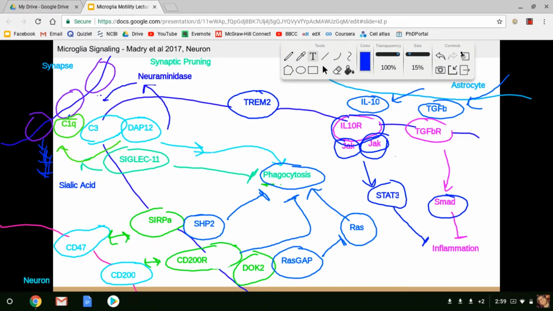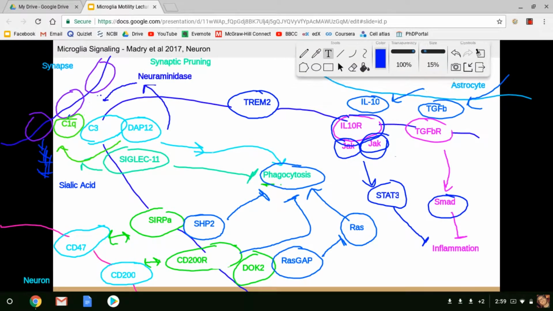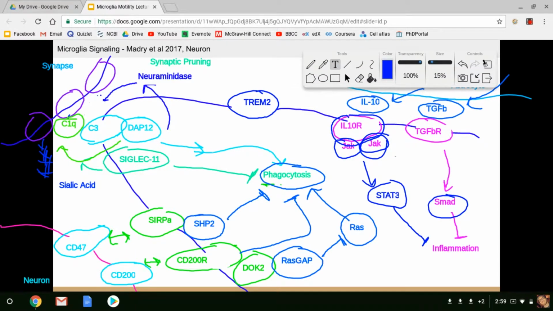They are not able to search and find phagocytic substrate. And so TREM is a receptor that binds to an unknown eat me signal. There is some evidence that it binds to amyloid beta 42, but it's still being investigated.